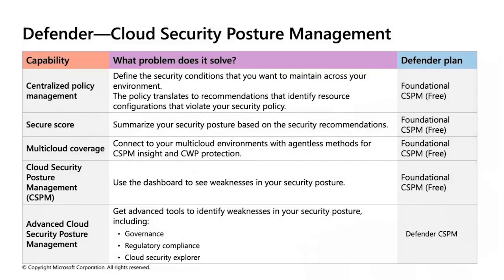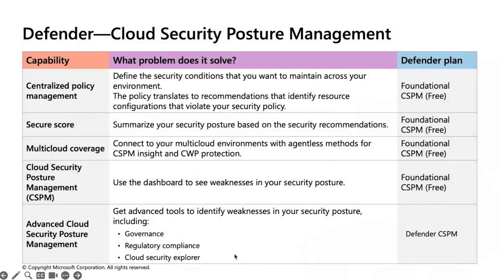But when we talk about the other Defender CSPM option, for that you have to pay on a per-resource basis. So we get advanced cloud security posture management with governance, regulatory compliance, and cloud security explorer.